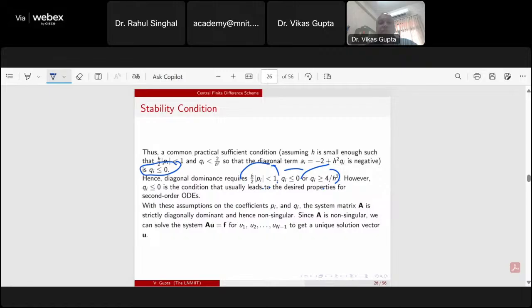And we also require qi less than 0. So with this assumption on the coefficients pi and qi, the system matrix A is strictly diagonally dominant, and if it is strictly diagonally dominant it will be non-singular, and if A is non-singular we can solve the system AU equal to F for the unknown vector u, that is u1, u2, up to un minus 1, to get a unique solution vector u.